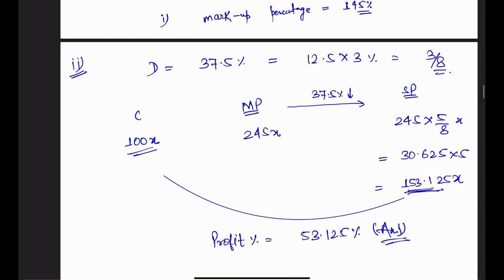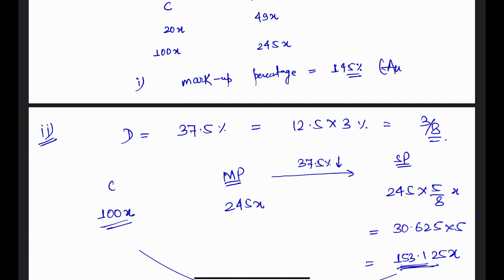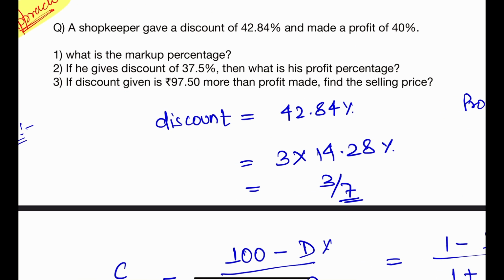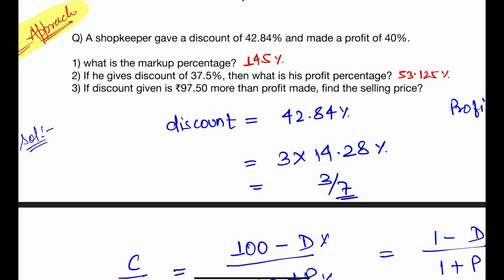Answer. So my first one is 145, right? The first answer is 145%. The second one was 53.125%. And my third question is, if the discount given is 97.5% more than the profit made, find the selling price. So now there is a numerical value for these things that will tell us exactly what the selling price is.